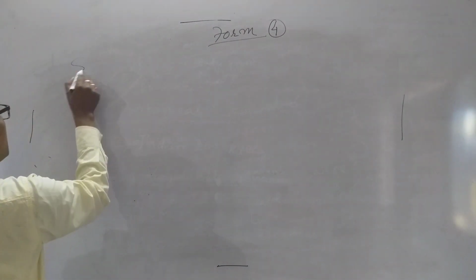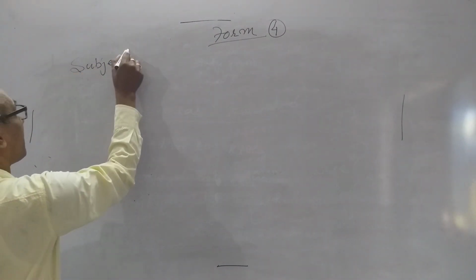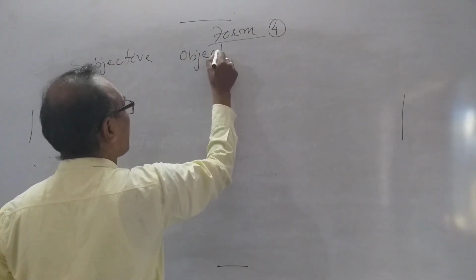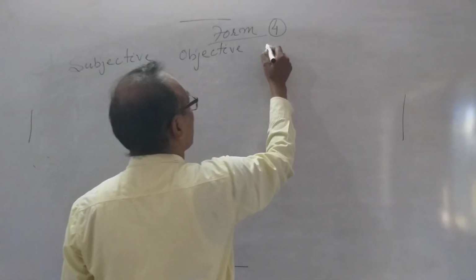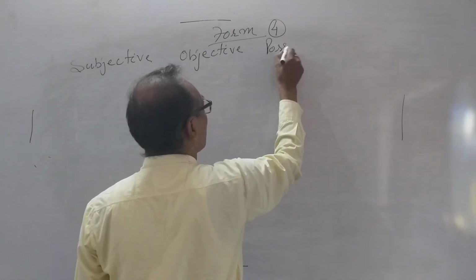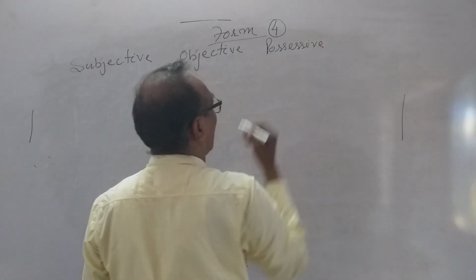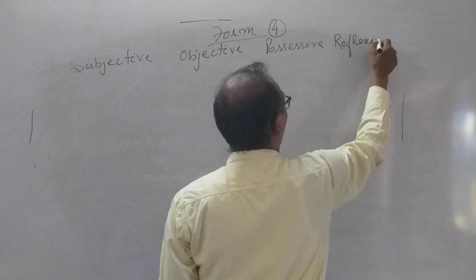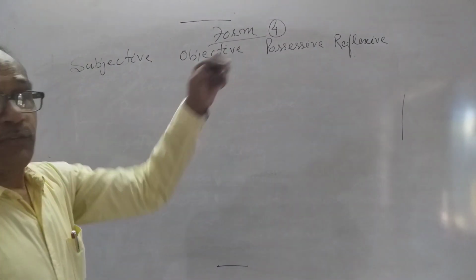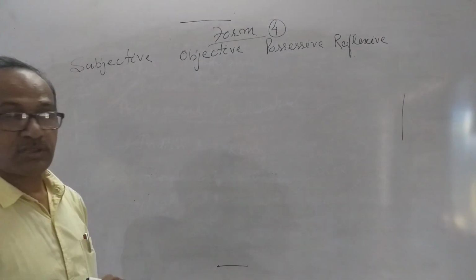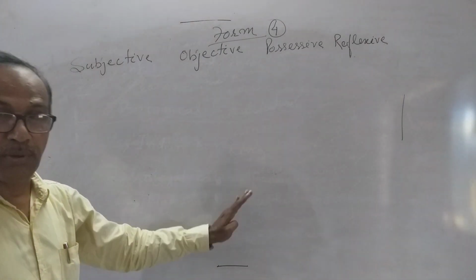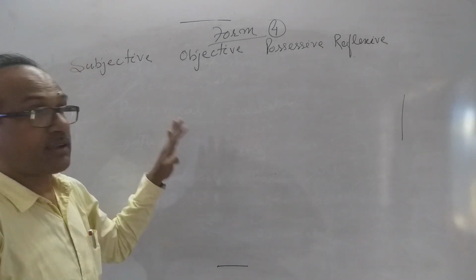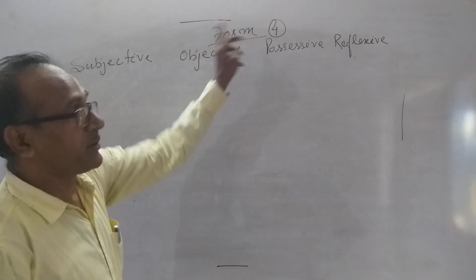First one is subjective, objective, possessive, and reflexive. These are the four forms of pronouns, and through this table we will try to understand, and I will explain the types of pronoun.